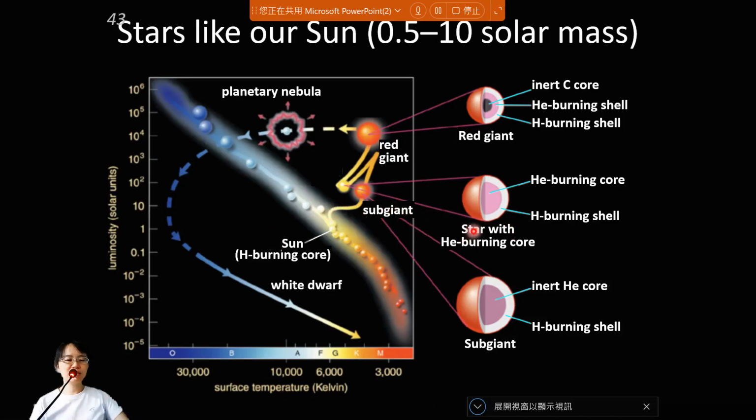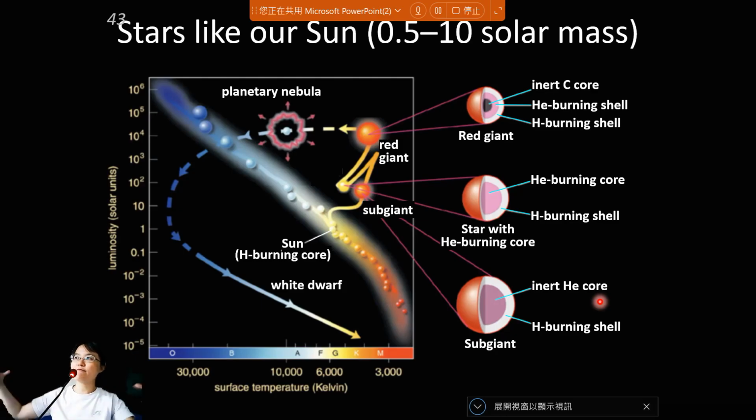And later, when most of the hydrogen is used up, it will enter these stages. In these stages, helium starts to burn, because most of the hydrogen, except for the outermost, is used up. Once the hydrogen is used up, the inert helium will fall down because of gravity.